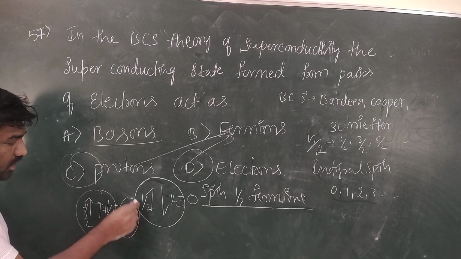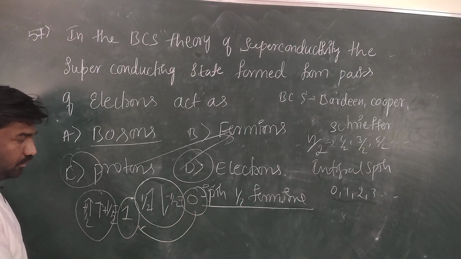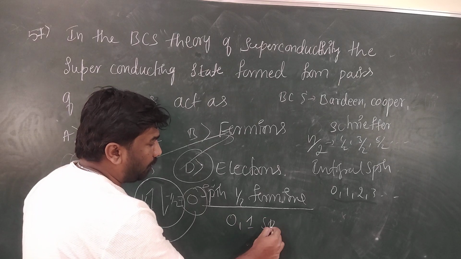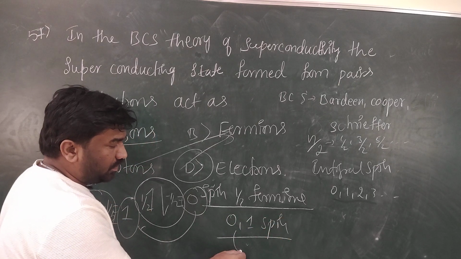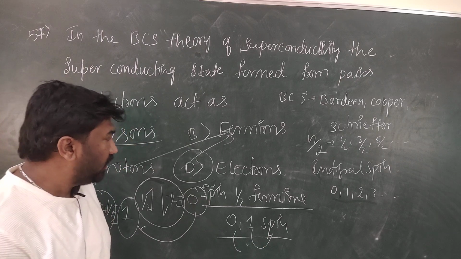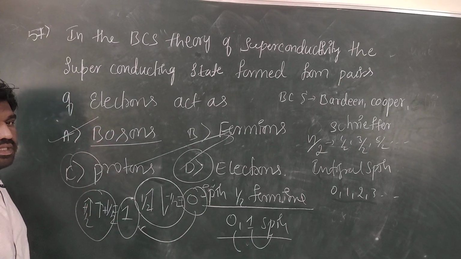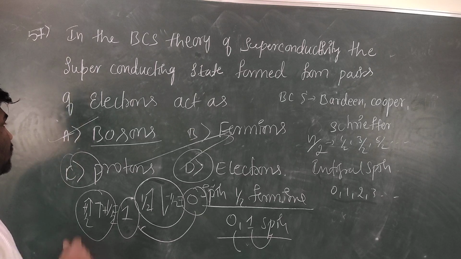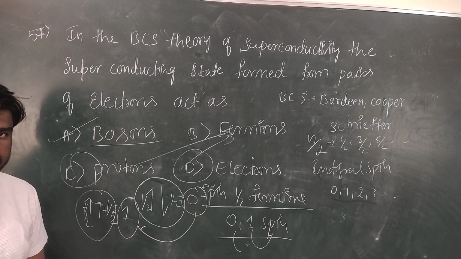So the resultant is 0 or 1. If the system has a 0 spin state or 1 spin state, then these are bosons, because bosons are integral spin. So the answer is option A.